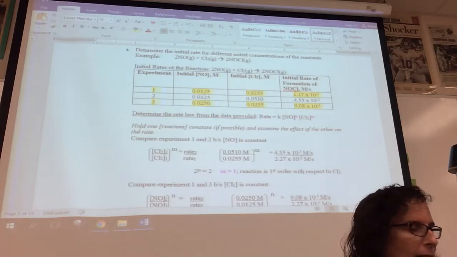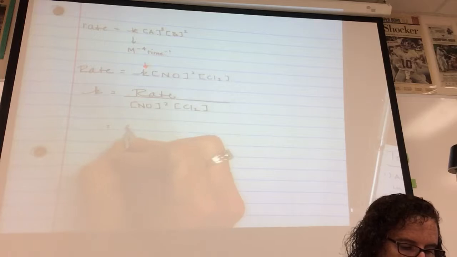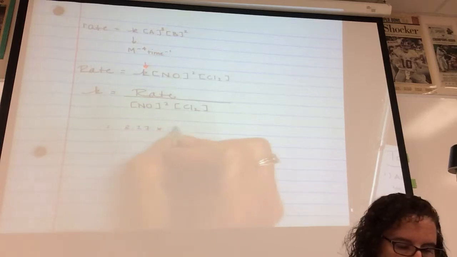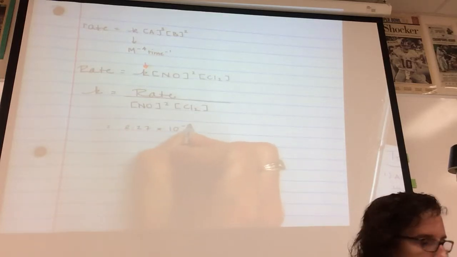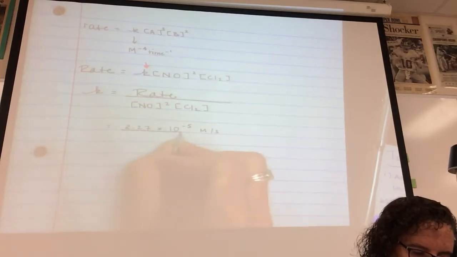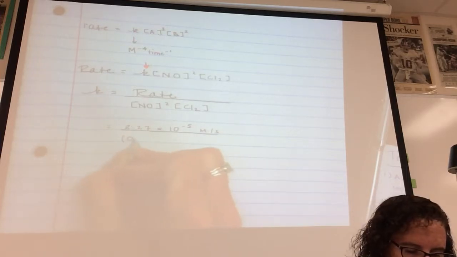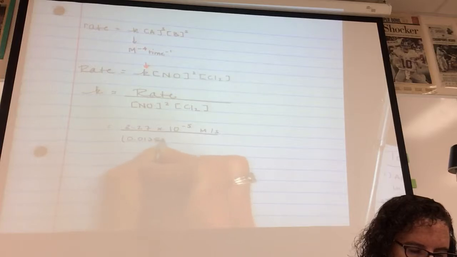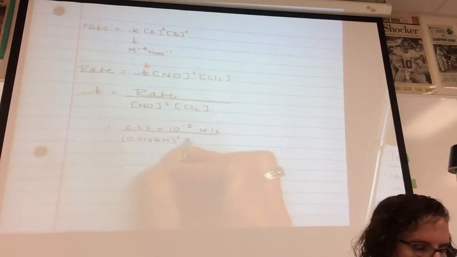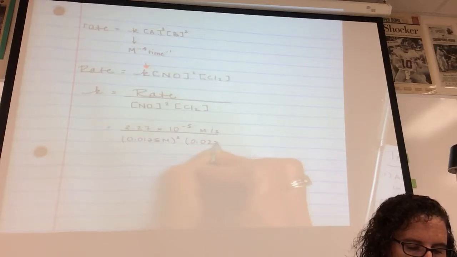So if I look at that first row, I can plug those values in, where rate is 2.27 times 10 to the -5th molar per second, concentration of nitrogen monoxide is 0.0125 molar squared, and concentration of chlorine gas is 0.0255 molar.